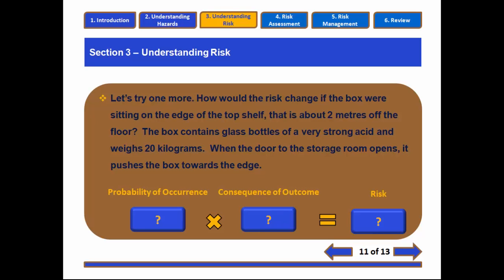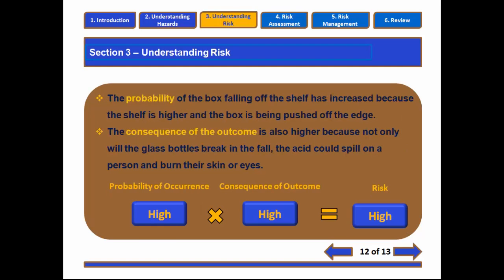And, well, gee, it's so high, we could end up with the box hitting someone in the head, which would be clearly a much more severe consequence than the damaged wrist that we were perhaps proposing for the middle shelf. So in that case, I think we have a high probability of occurrence, a high consequence of occurrence. Thus, having glass bottles of acid on the top shelf is probably a high-risk scenario.